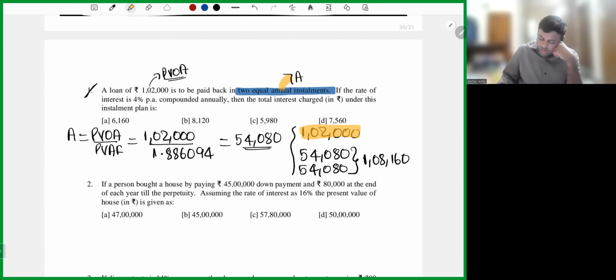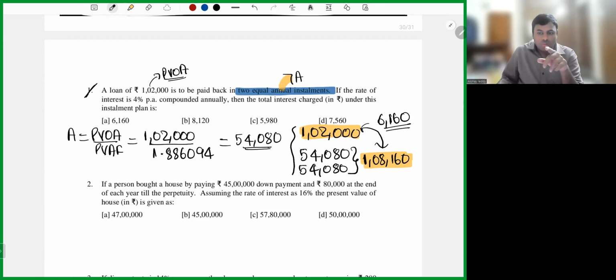How much loan did you take? You took a loan of 1,02,000, but in the name of installments, how much did you pay? 1,08,160. Can you tell me how much extra you paid? You paid 6,160 extra.